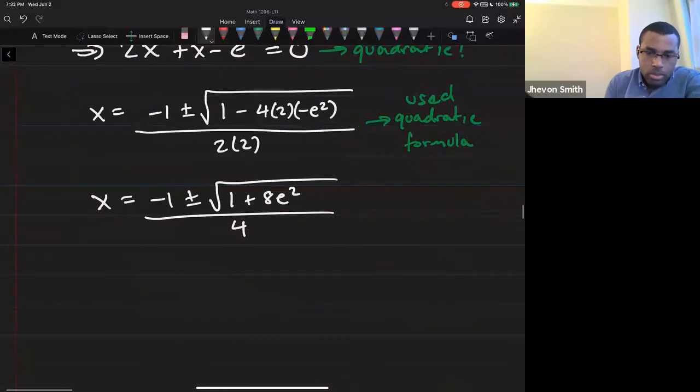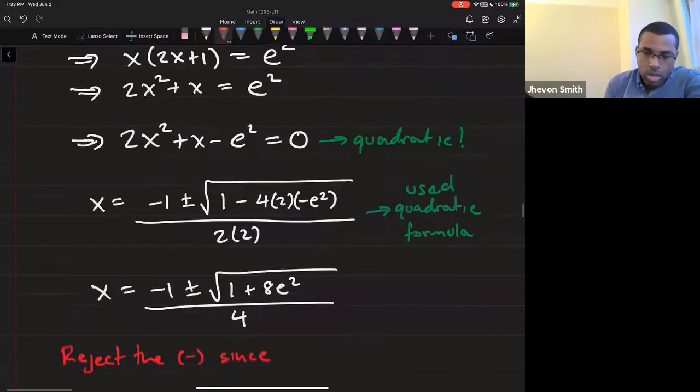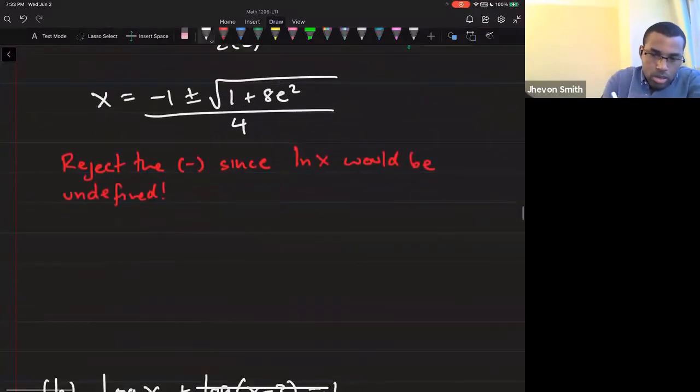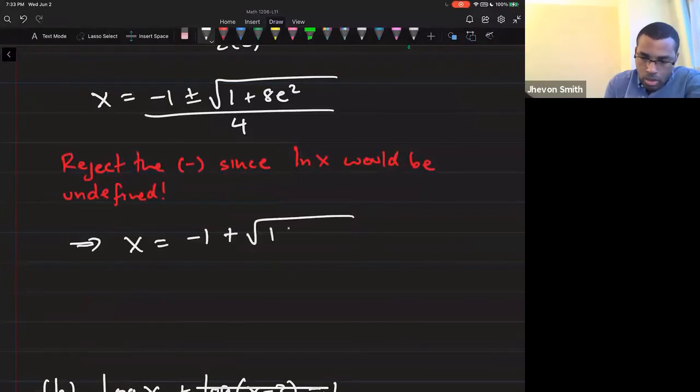Oh yeah, since ln of x would be undefined, your x only has the positive one.